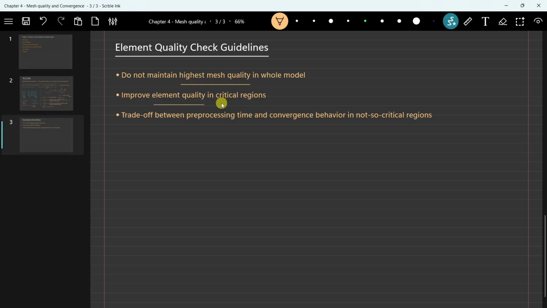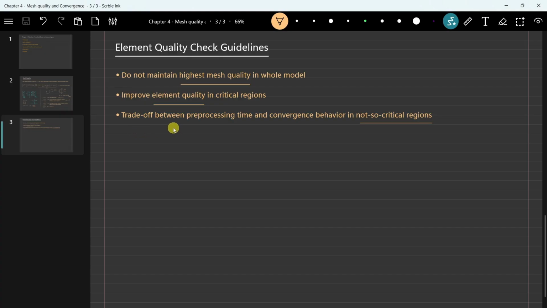Critical regions means where the stress gradients are high, which is your region of interest. So improve the element quality only in those critical regions. And in not so critical regions, we don't want to spend pre-processing time improving quality, because we are not interested in probing or tracking stresses and strains in those regions.